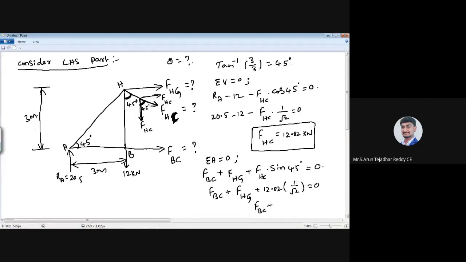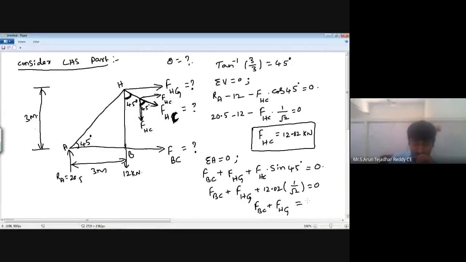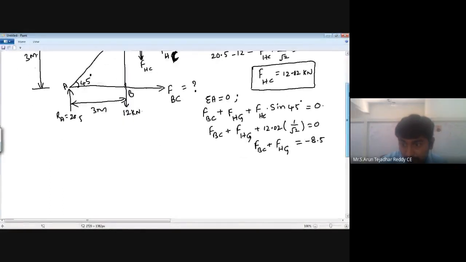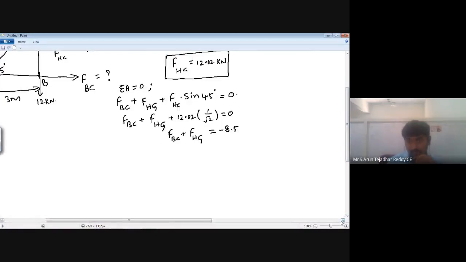FBC plus FHG is equal to, once you enter this value in your calculator, you will get minus 8.5. Minus 8.5. Suppose it is equation A.